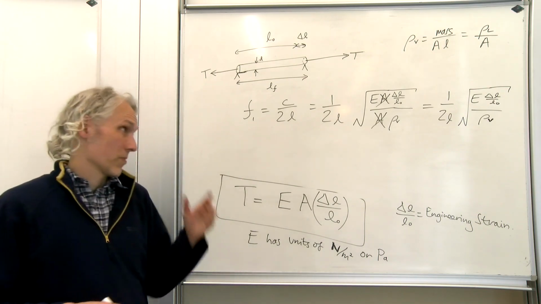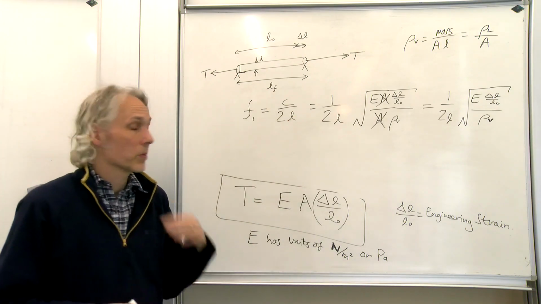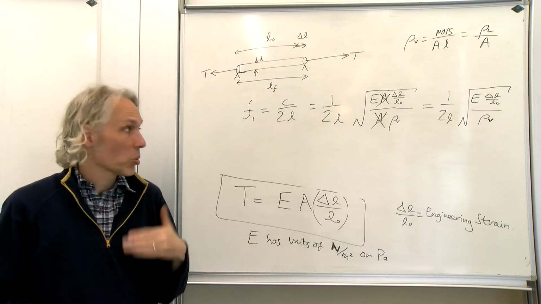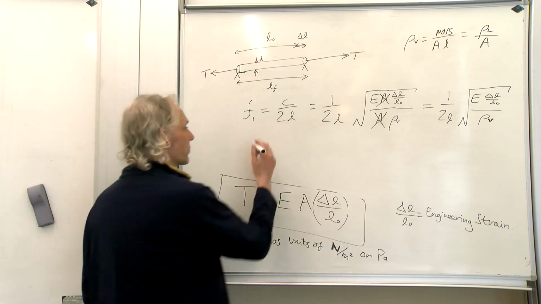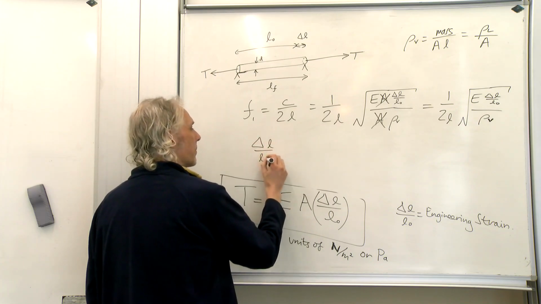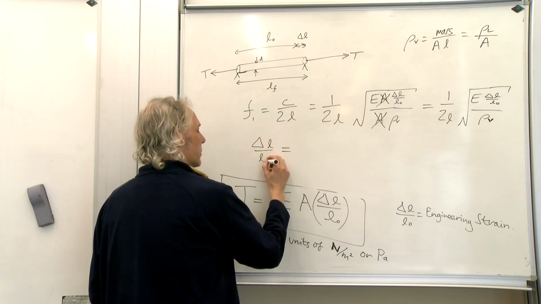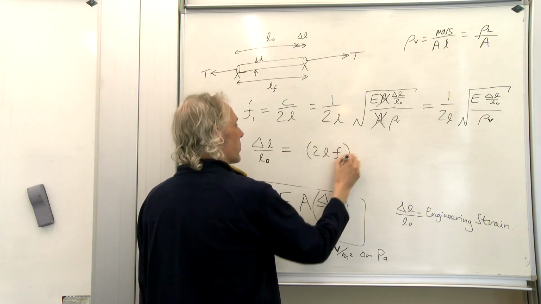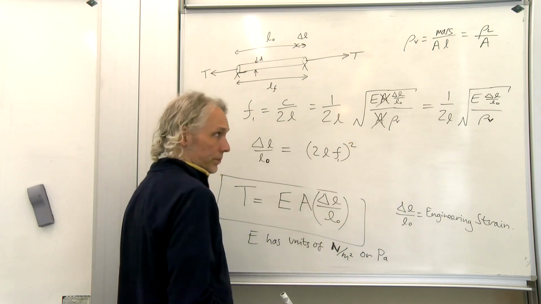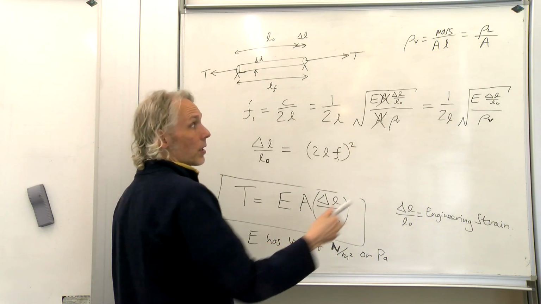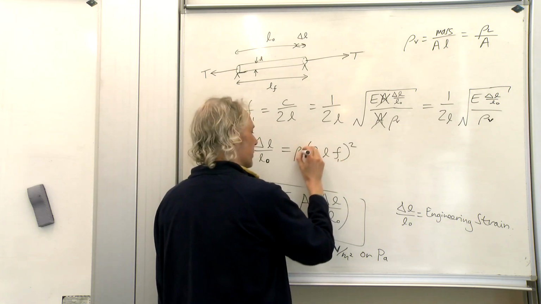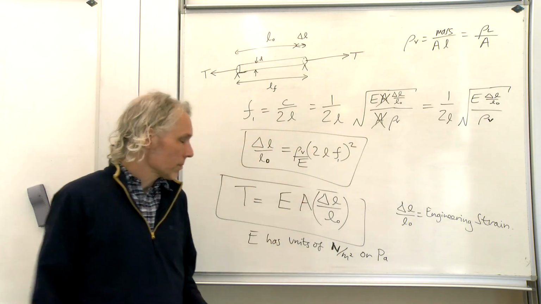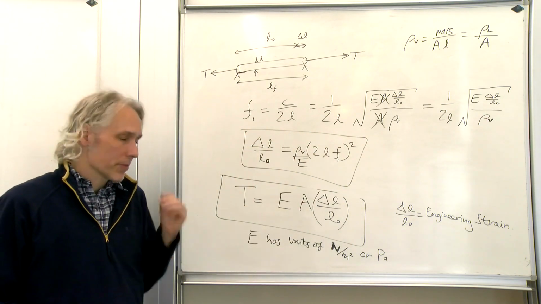So we can actually, from this equation, work out what the engineering strain is on the string given its sounding frequency and length. So rearrange that, and we've got 2L frequency squared, and then we multiply that by rho V over E. Okay, so that doesn't depend on the diameter.